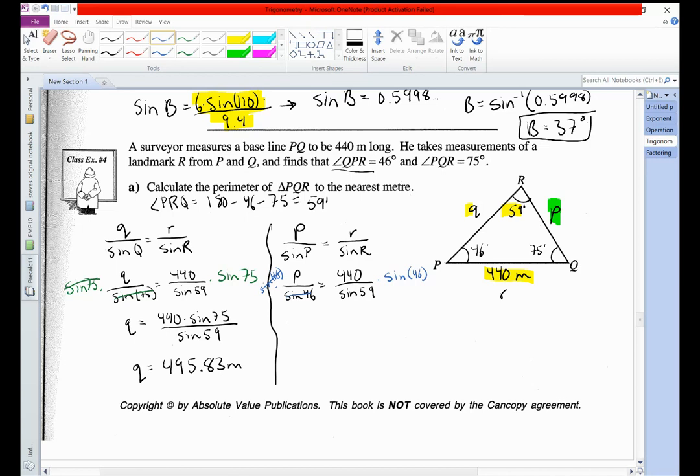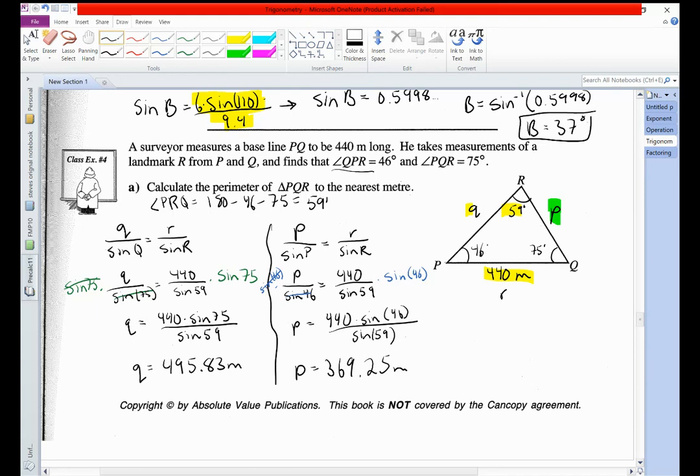It cancels out on this side, and what we're left with is P is equal to 440 multiplied by sine of 46, all divided by sine of 59. Type that into our calculator, and we get the side length of P to be 369.25 meters. Don't be fooled, we're not done yet because we have to find the perimeter.